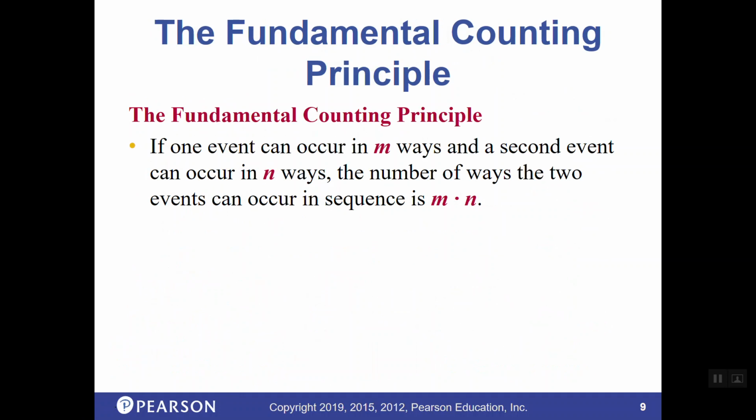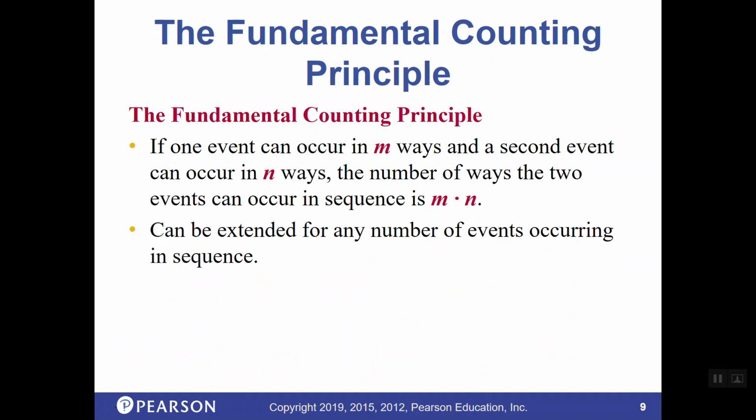If one event can occur m ways and a second event can occur n ways, the number of ways the 2 events can occur in a sequence is m times n. I know it sounds kind of abstract, but when you look at an example, it will be really good. It can be extended for any number of events that occur in sequence, that means one after the other.